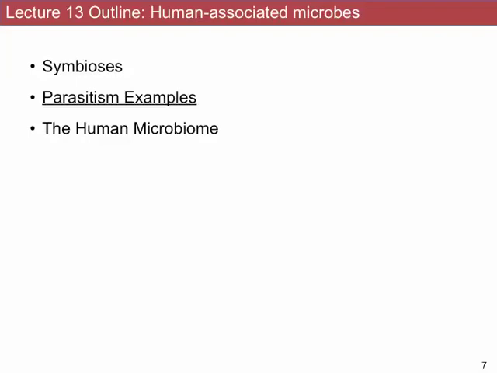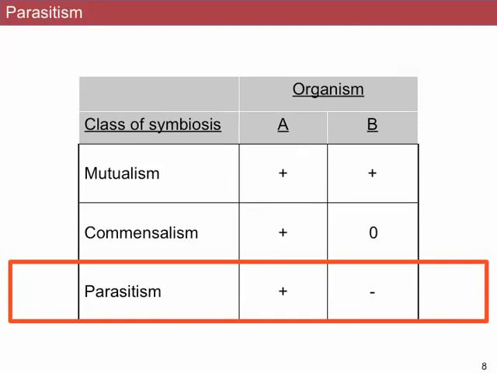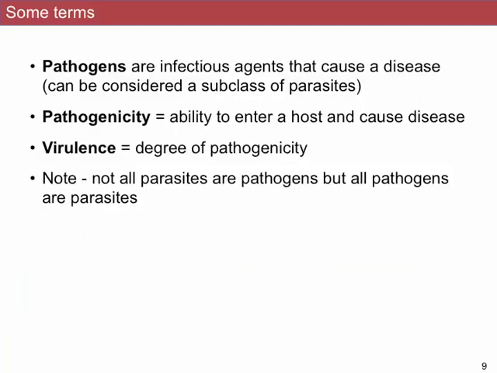In the book and in biology courses and in the literature, you will see some slight variants on this terminology for parasitism. And frequently people refer to what are called pathogens. Pathogens are basically a category of parasites. So they are pathogenic interactions.